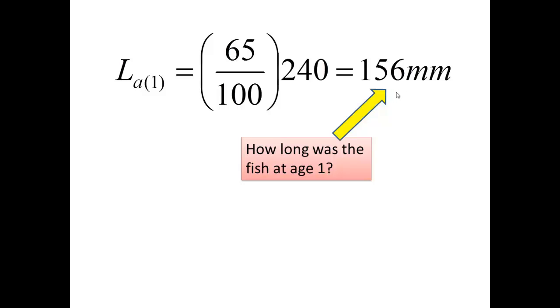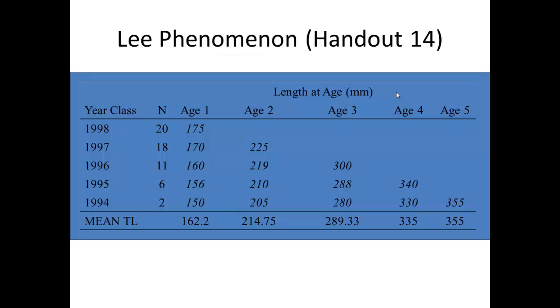Now, I want to point something out. If we go back to our table, you see that this fish was 156 millimeters. But if we look for that year class, age 1 length, it says 170 millimeters. Why the discrepancy?